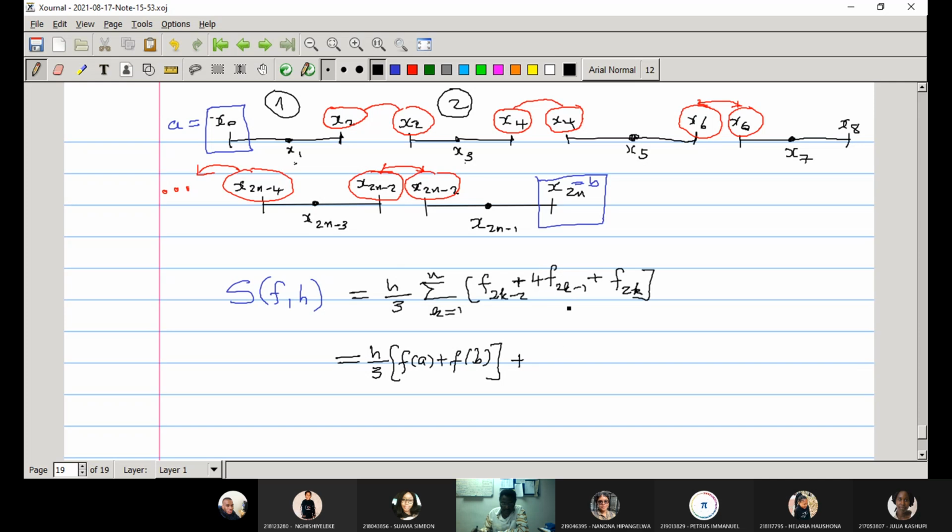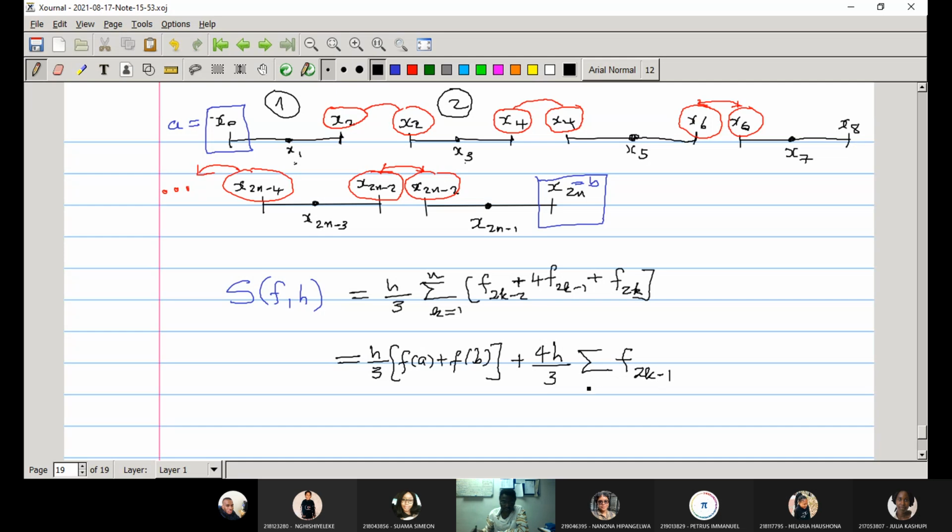the factor of the middle term here is 4. So here we have 4h by 3, into the summation of f sub 2k minus 1. So this is for the odd, right? These are odd.